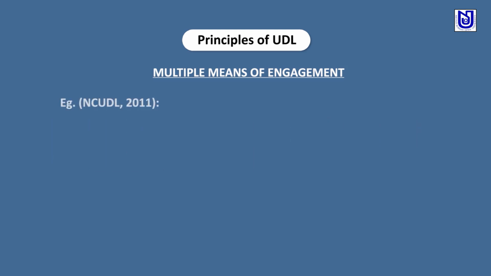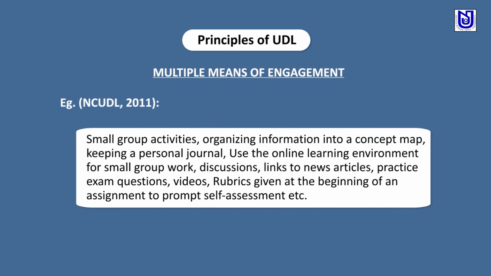Here, for example, you can say small group activities, which are very beneficial to motivate the learners. Then organizing information into a concept map, keeping a personal journal, using an online learning environment for small group work, discussion, then links to news articles, practice exam questions, videos, rubrics given at the beginning of an assignment to prompt self-assessment.